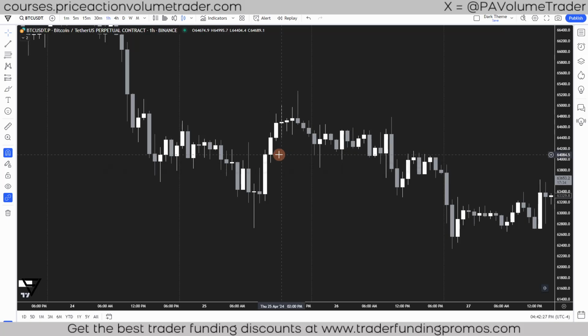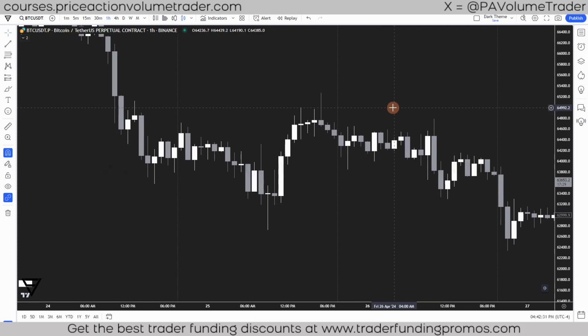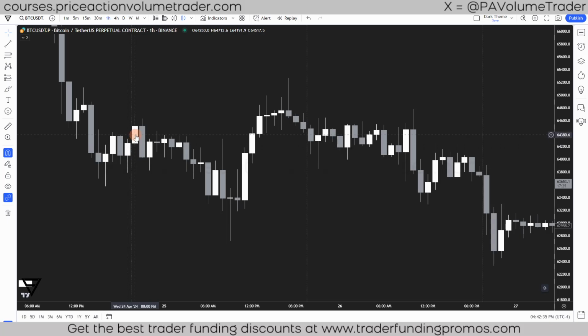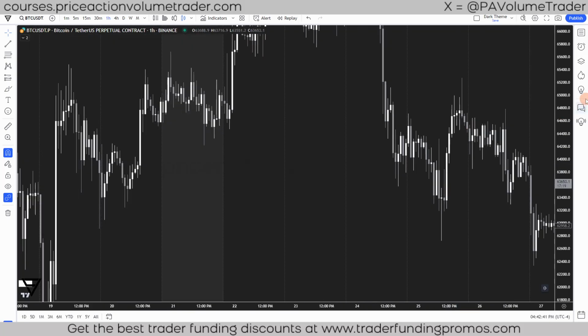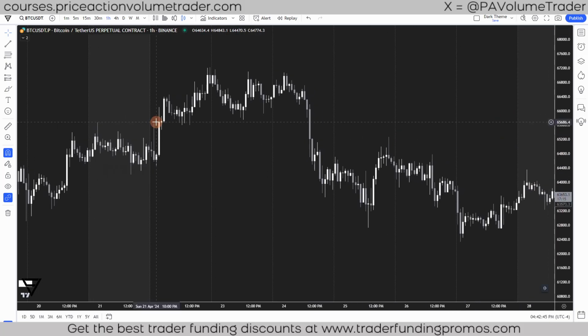I don't really use this a lot in my own trading, but I think it's nice for YouTube just to have some dark theme candles as well. But you can see here, bullish candles are white, bearish candles are dark gray. So as you can see, with a regular Bitcoin chart, there's obviously never any gaps because this market never closes.